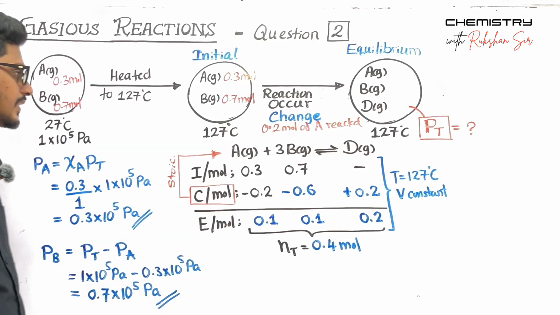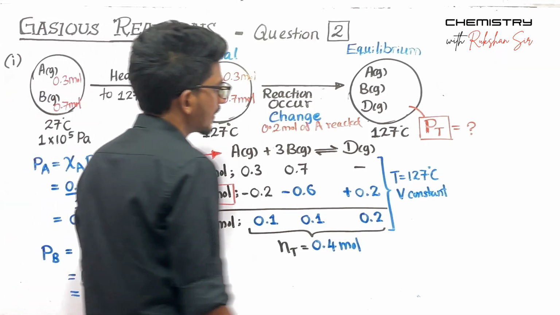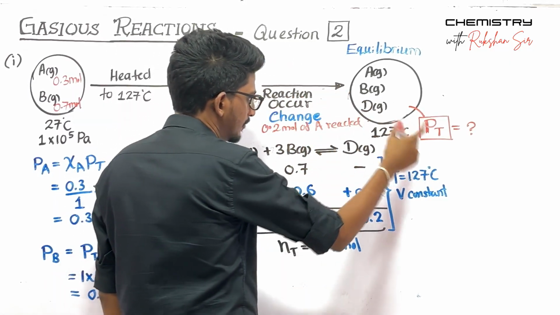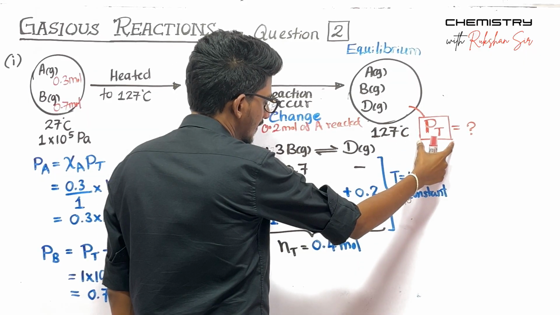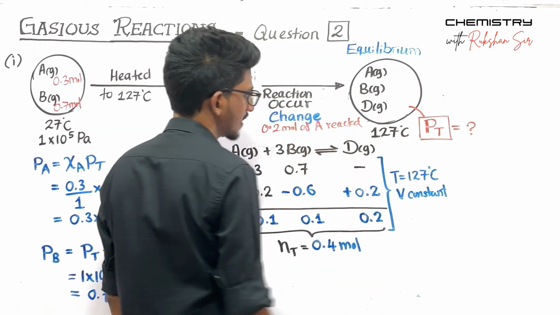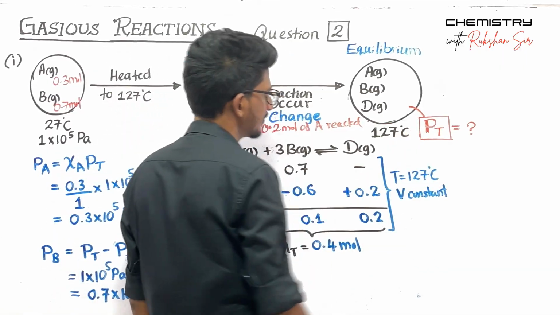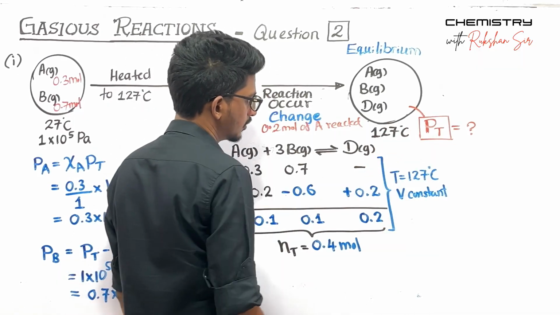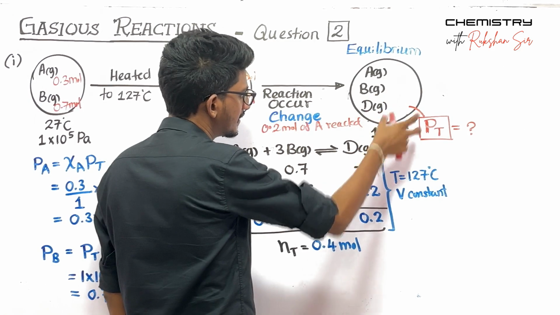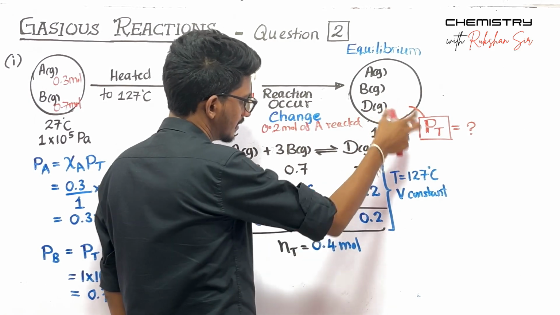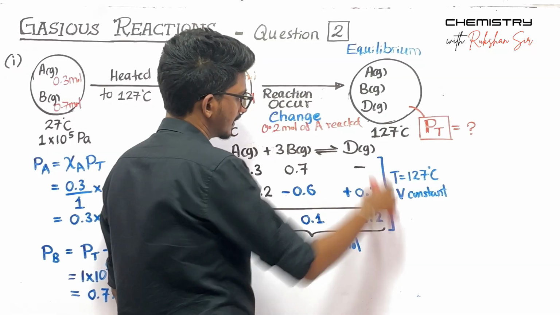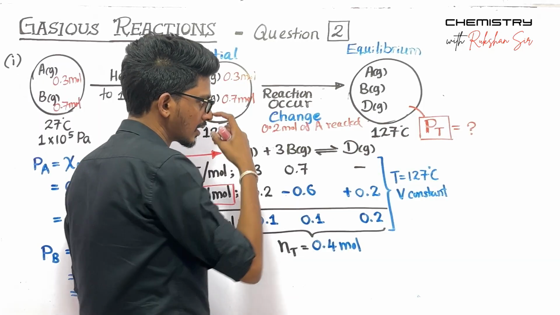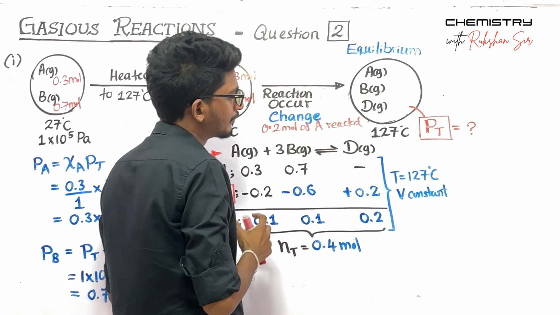If you need a number for pressure, you are always expected to relate that system, in this case this one, with a system where you actually know the property.